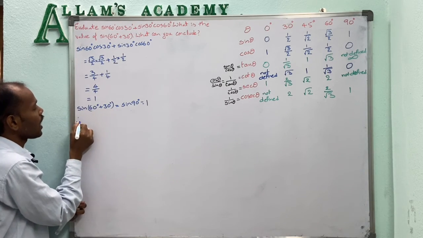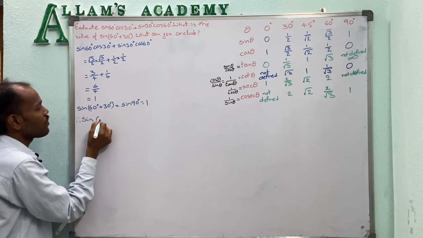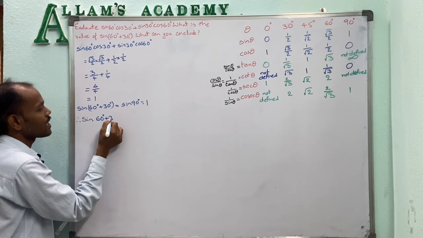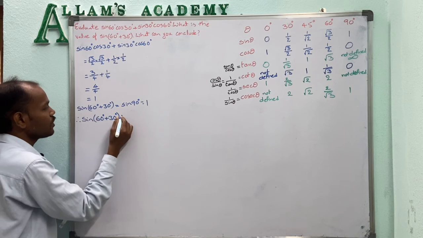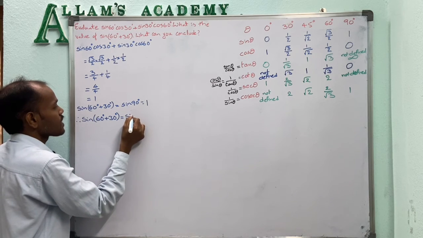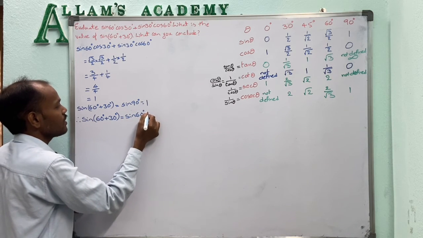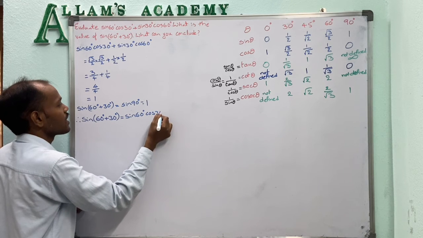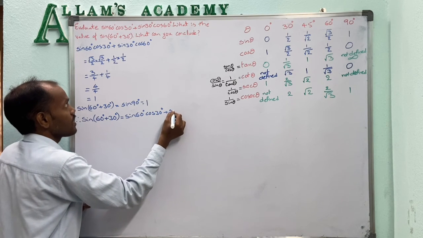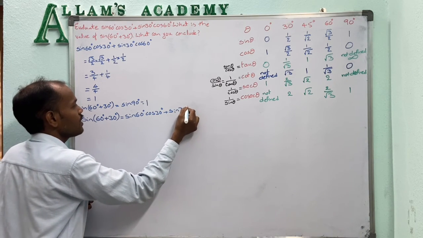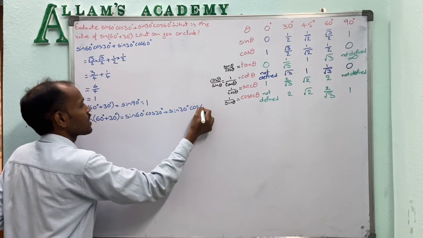So here we conclude that sin of 60 degrees plus 30 degrees equals sin 60 degrees cos 30 degrees plus sin 30 degrees cos 60 degrees.